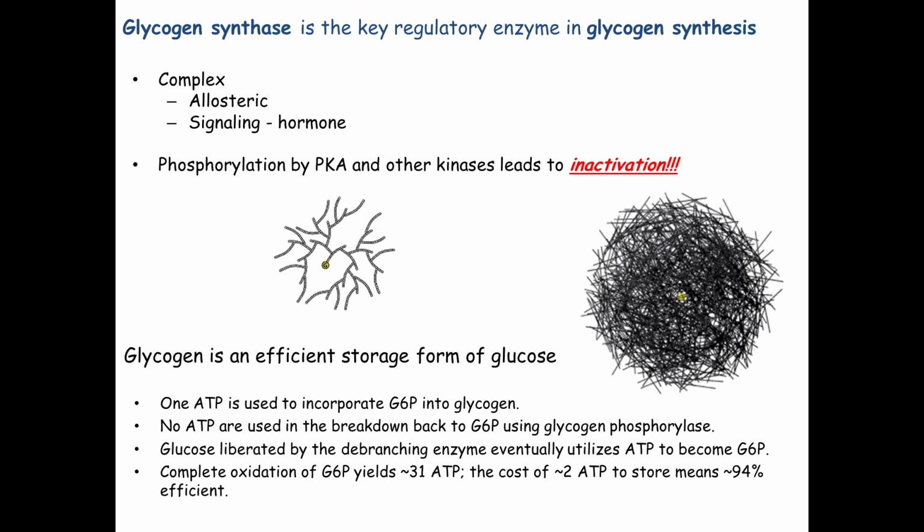So I don't have to spend my ATP for hexokinase. I've already spent it in the past to make glucose 6-phosphate, put it in glycogen for now, and when I get it back out of glycogen later, it's ready to continue glycolysis. It didn't cost me anything to store it, except when I branch it. Because when I branch it, it costs me an ATP, because when I get my glucose liberated later, I have to phosphorylate it again.